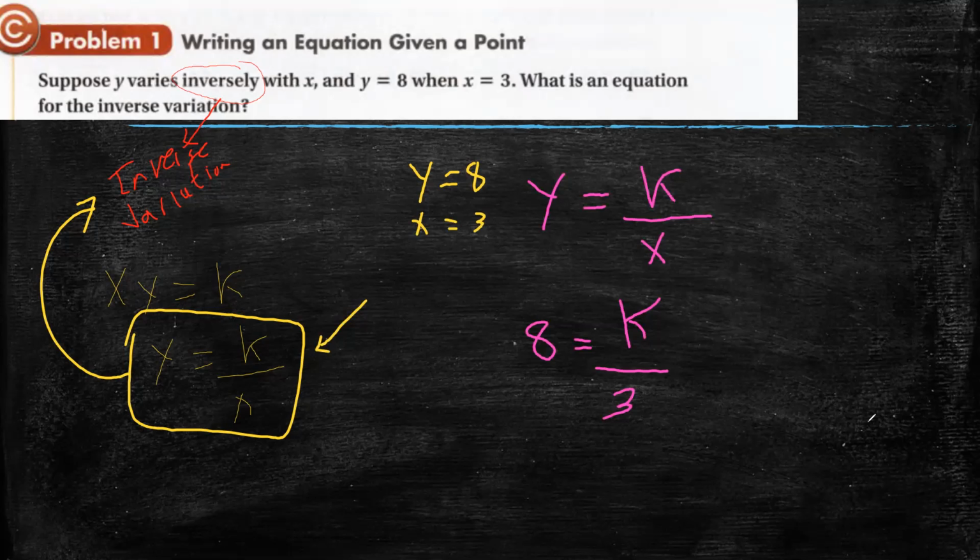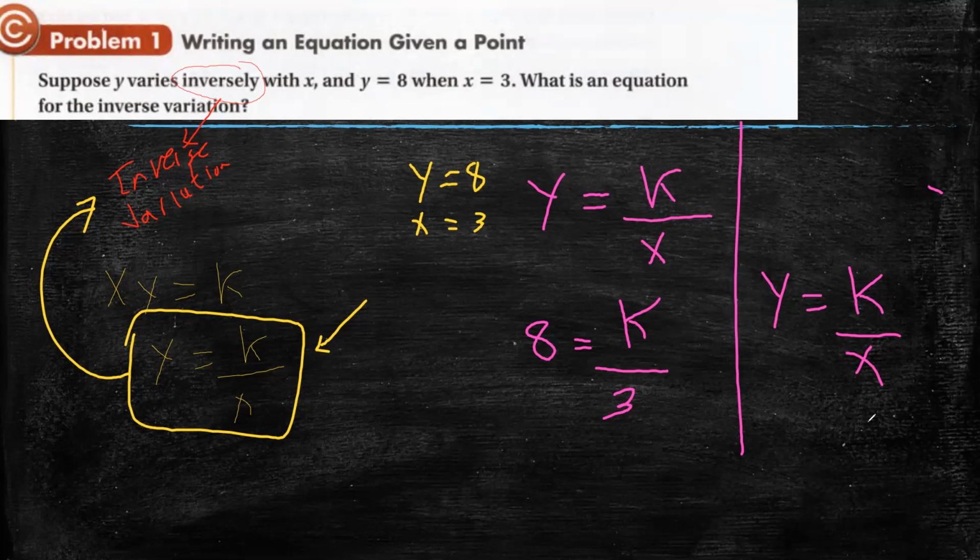So y is 8 equals k over 3. Now, to write any equation, what did we say? Any equation needs y and x. So the equation must be y equals k over x. This is for the inverse.